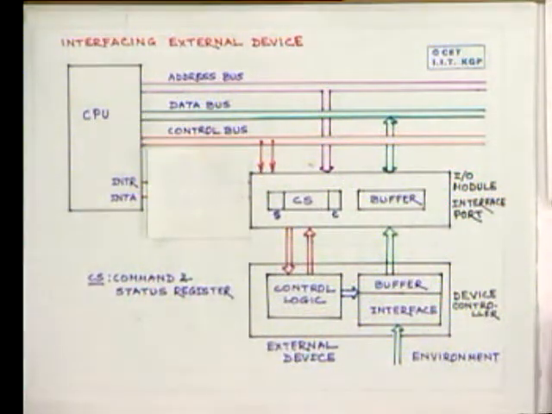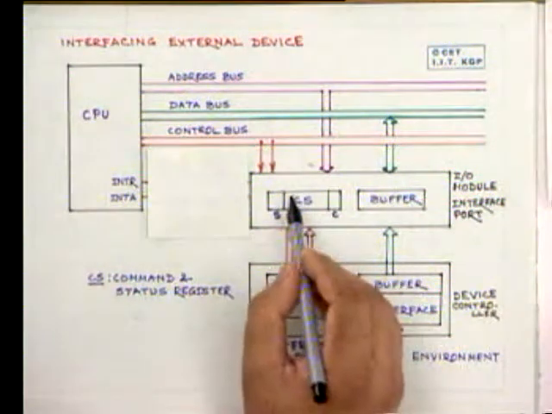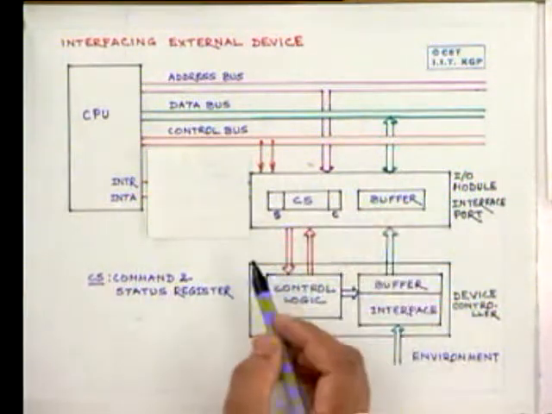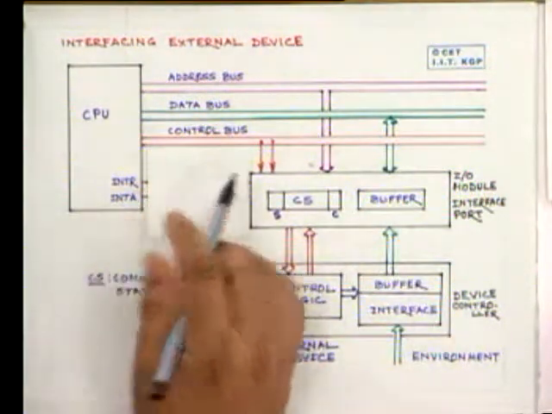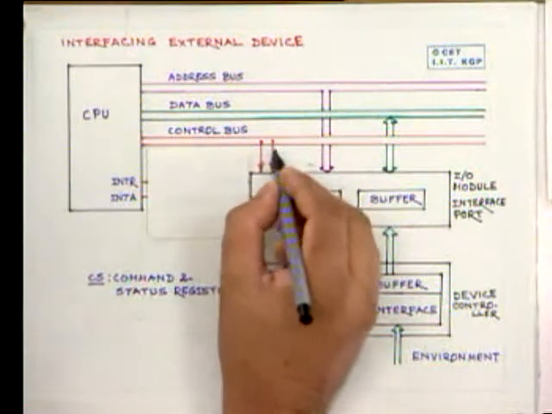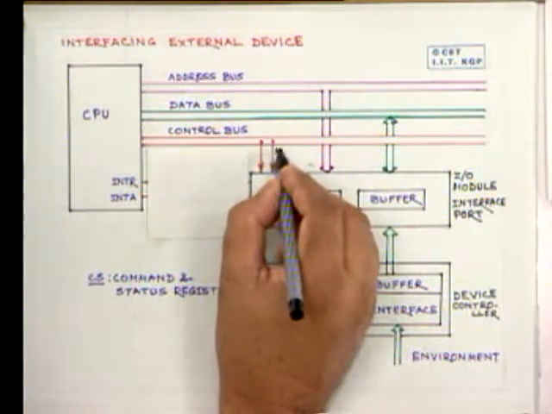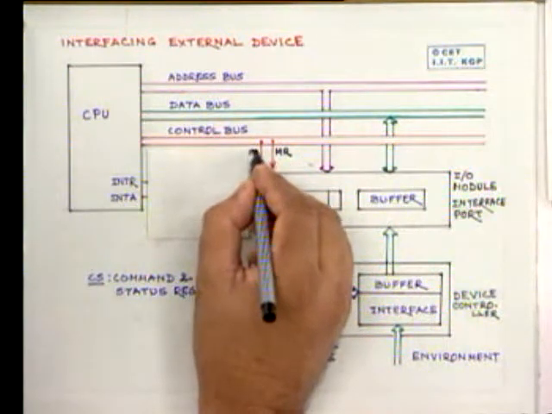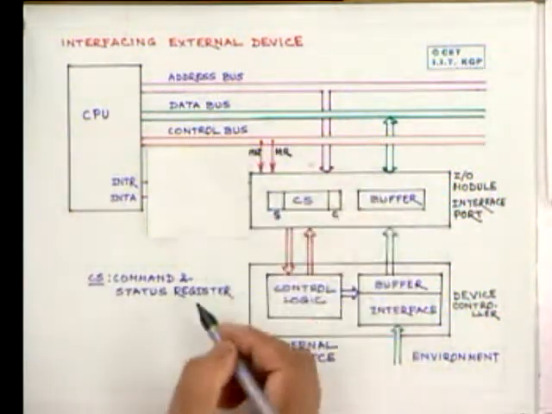Now, one thing is that we can address these two registers as simply as a memory register. In that case, these two signals should be, say, the memory read signal, and here it should be the memory write signal that will be connected.